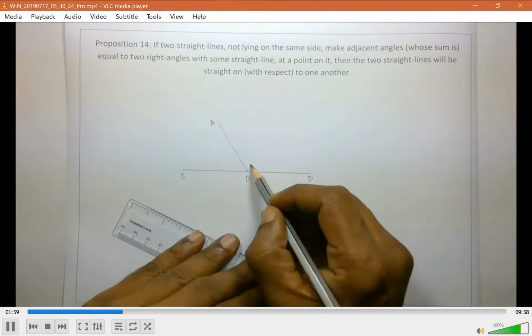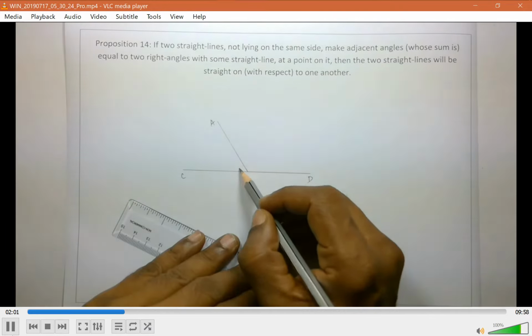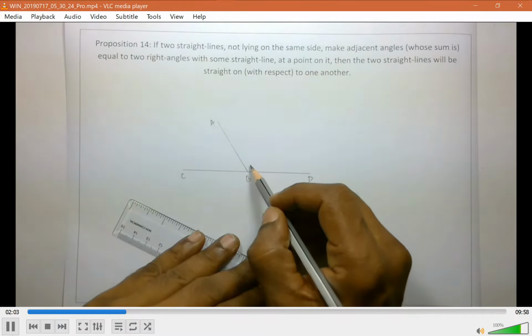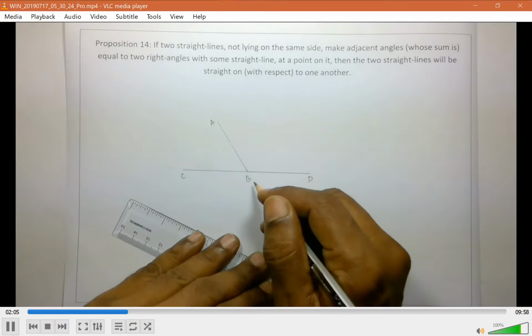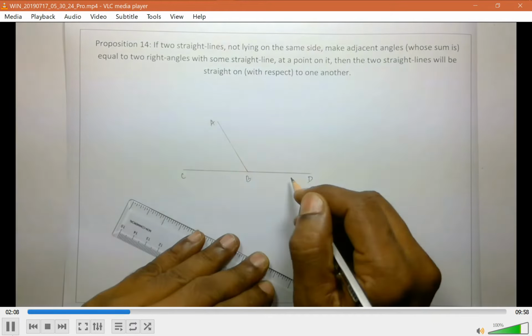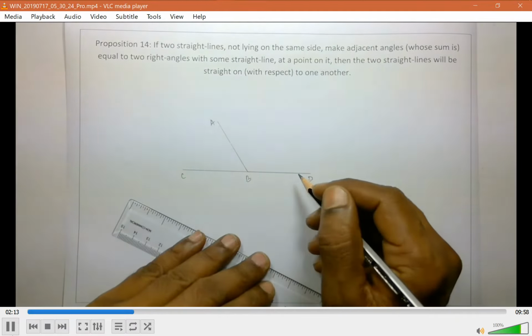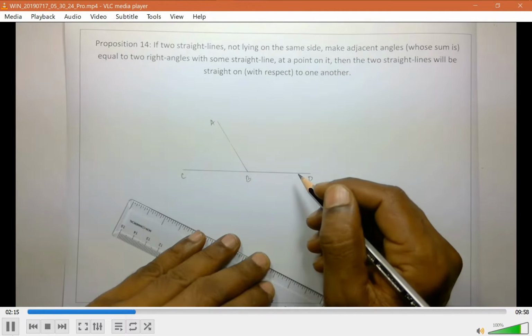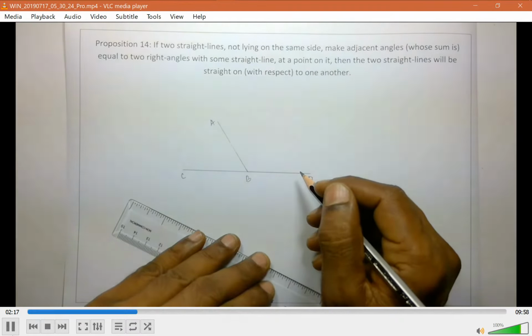So these two angles are formed. Now if these two angles are equal to two right angles, then this line will be straight. Yes, let's see how we can prove that.